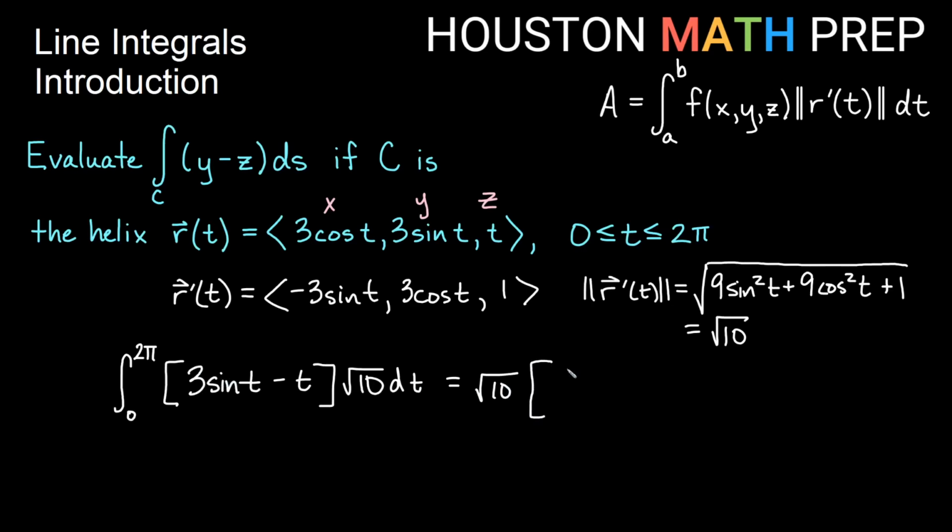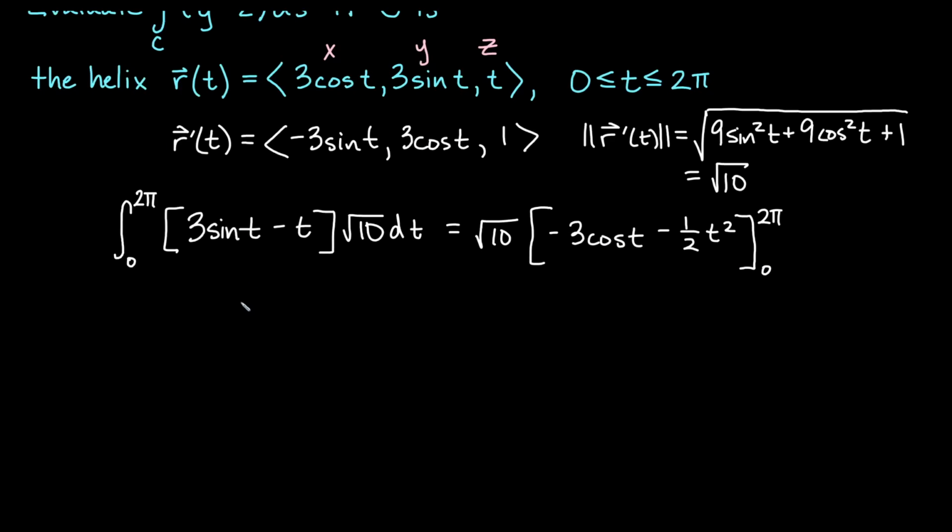The antiderivative of 3 sine t, that's going to be -3 cosine of t. The antiderivative of t there, so we'll have a minus, and then we'll have a 1/2 t squared. And we're evaluating from 0 to 2 pi. Okay, so if we plug in, so we'll keep our root 10 out front for sure. If we plug in 2 pi, -3 times cosine of 2 pi.